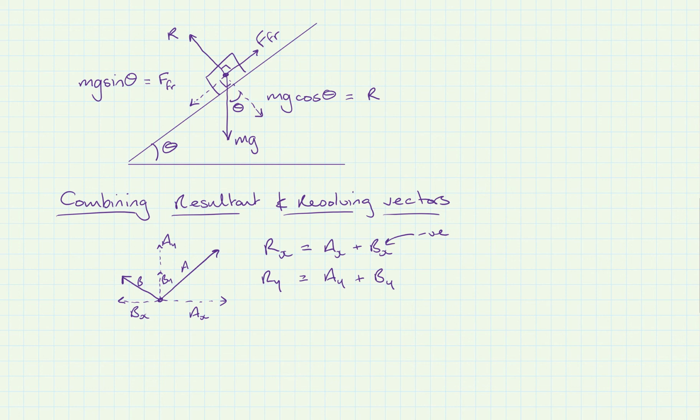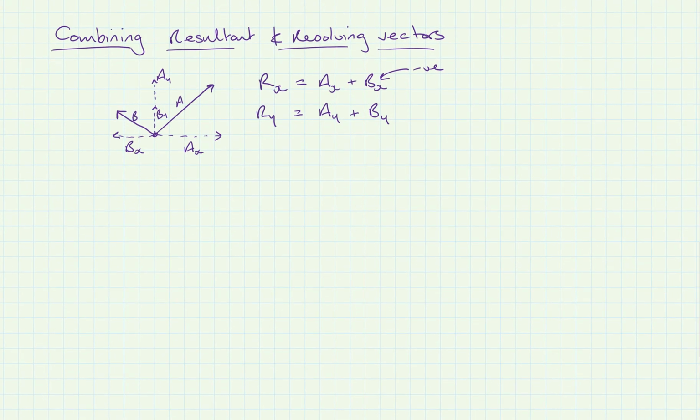So then I can use my resultant vectors. I'd end up with, in this case, quite a long RY, and then quite a short RX, because AX was bigger than BX. And then I can complete my parallelogram, so R is like that.